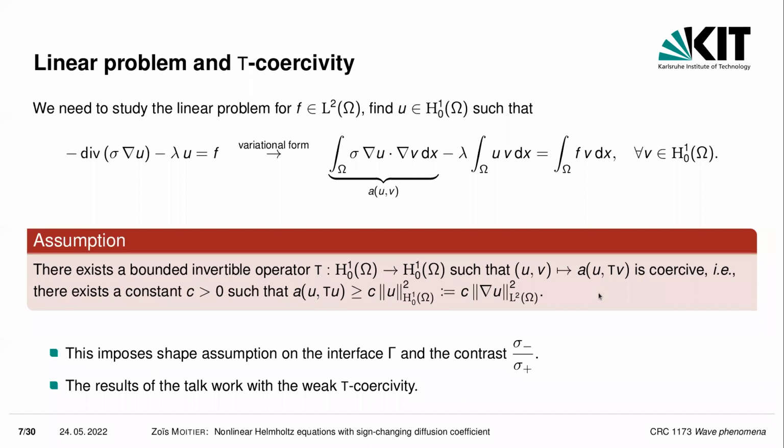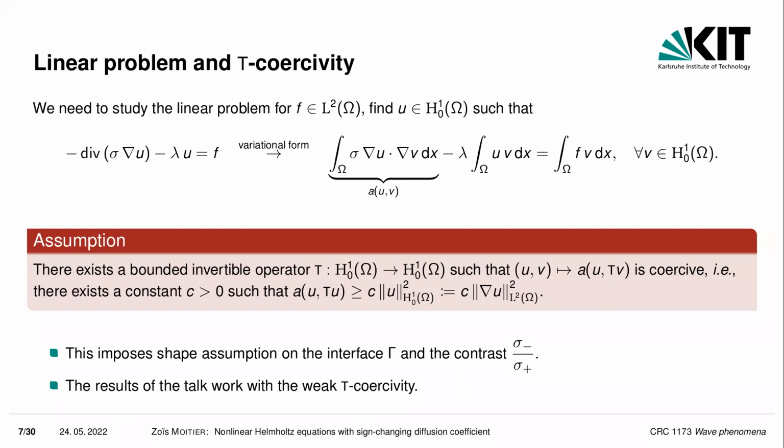And so this assumption was made to study this kind of sign changing problem. And in the following, I will not make any assumption on the interface or the domain or the function, but actually in this assumption is hidden some shape assumption on the interface, more than just regularity.